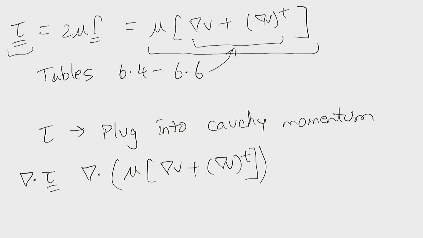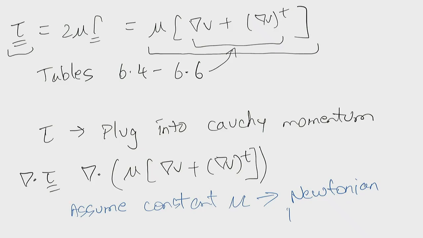So we're going to assume here, we write that in a different color, so assume constant mu. Again, this is for Newtonian only. So we're going to be able to pull out mu.